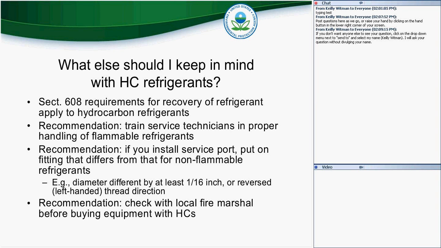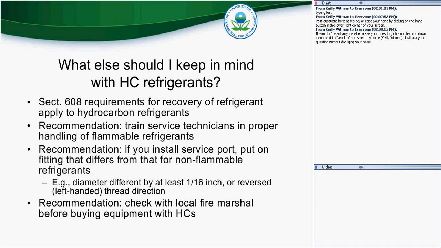And to the extent that we get information on the LCCP, LCCP is basically a way of looking at different parts in the life cycle to see what their impact is on the climate. So you can look at the direct impact if the refrigerant leaks, but you might also want to consider things like how energy efficient is the refrigerant. So I think that's part of what the question is trying to get at.